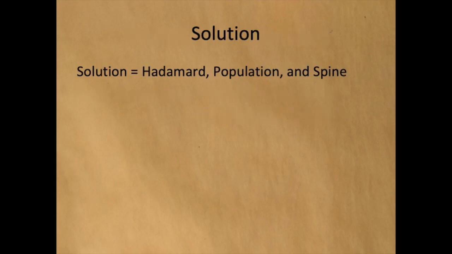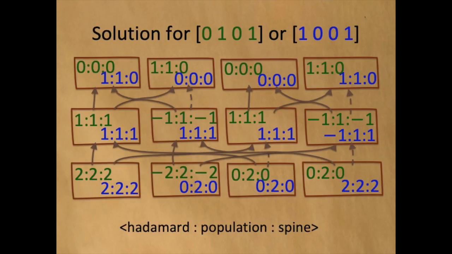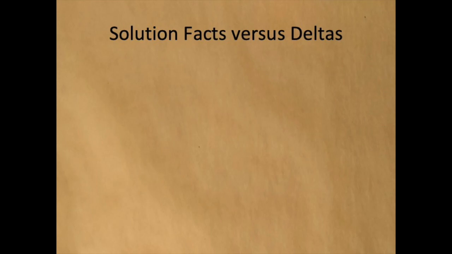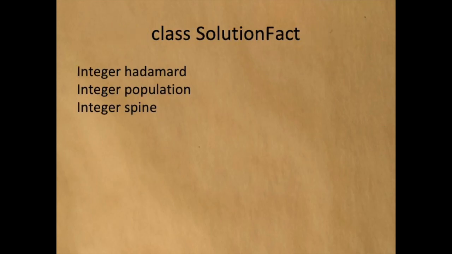Solution butterflies combine the Hadamard value, the population value, and the spine value. Here we have the solution triples for the butterfly that combines the vectors 0, 1, 0, 1 and 1, 0, 0, 1. Solution facts versus solution deltas. Solution facts are simply the Hadamard value, the population value, and the spine value together.